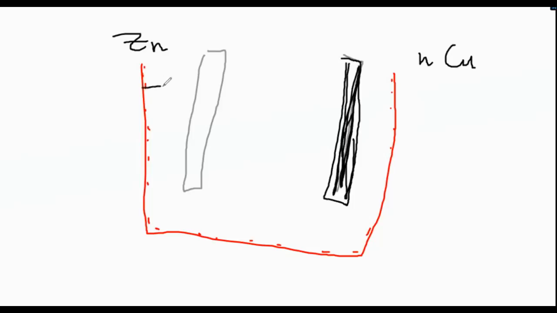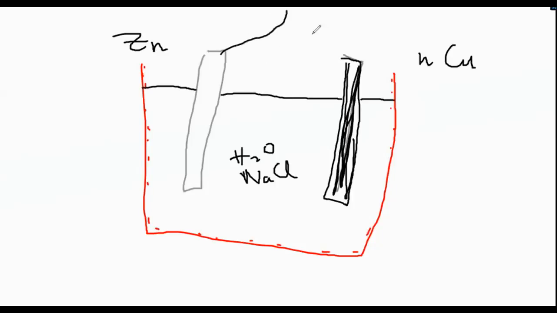Then you have your saltwater environment. You have here water and sodium chloride. And then you have your connections. And let's say you use an LED for reducing the currents.